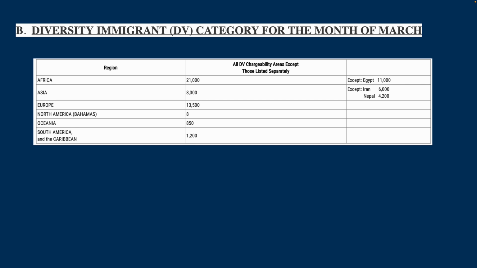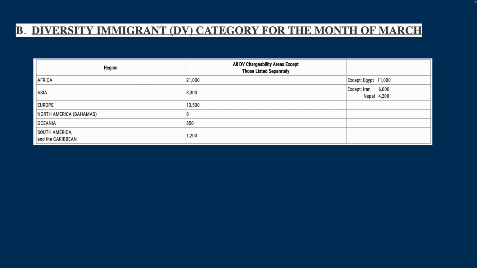But take note, guys, Philippines is not included for diversity immigrant or lottery immigrant because Philippines has a lot of visas issued for non-immigrant and immigrant visa per year. So Philippines is not included in this type of visa.